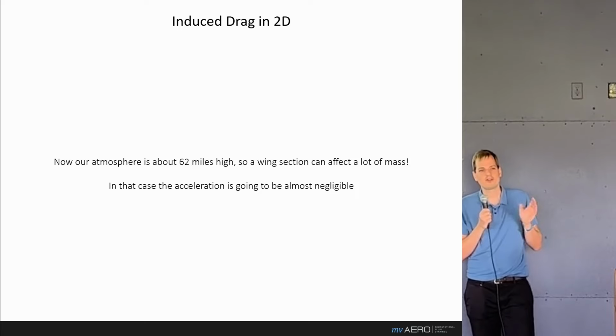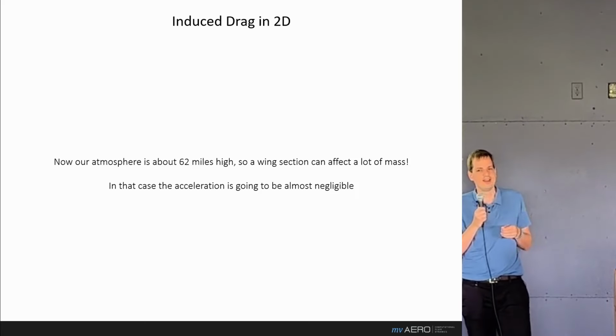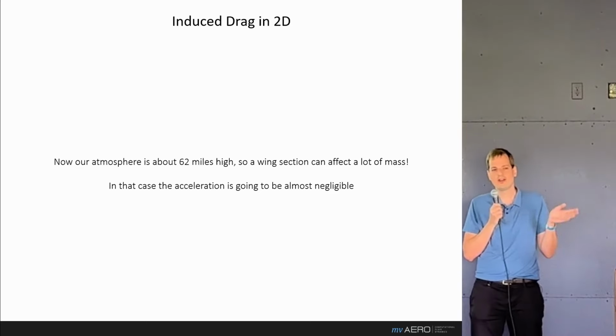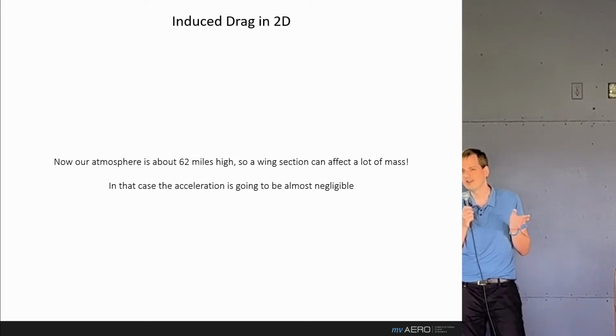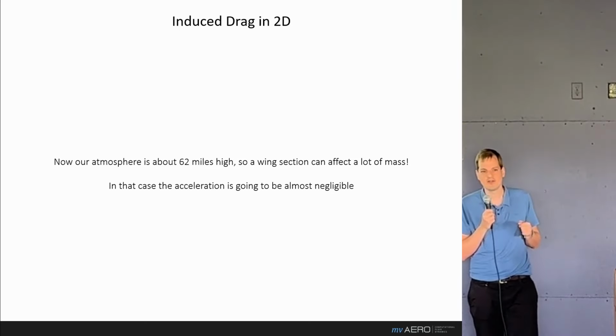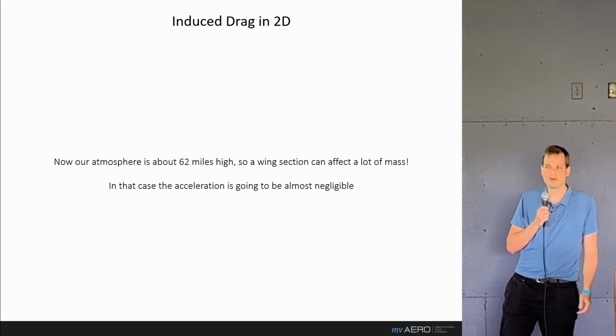It's always going to be so small, even at very high lift. And that's why they say usually a 2D section does not cause any induced drag, or an infinite span does not cause any induced drag. But this is only true if our atmosphere is really infinite. But it's fundamentally really not true with a limited atmosphere.